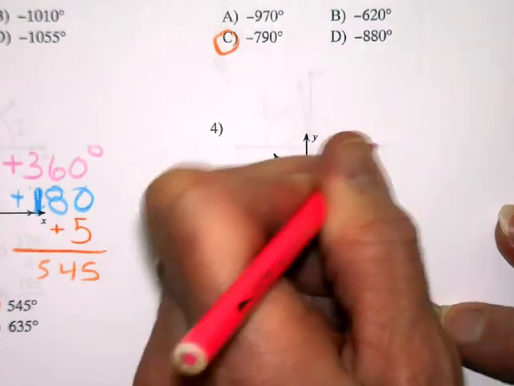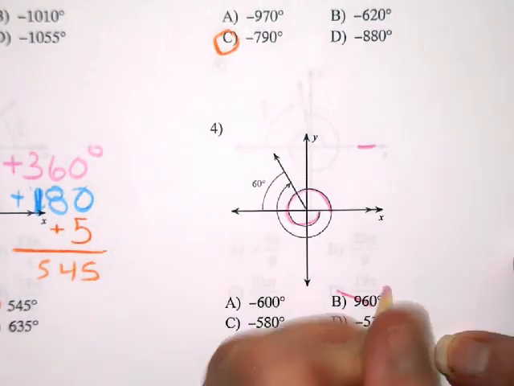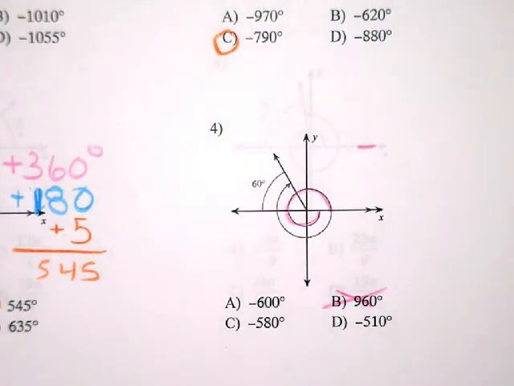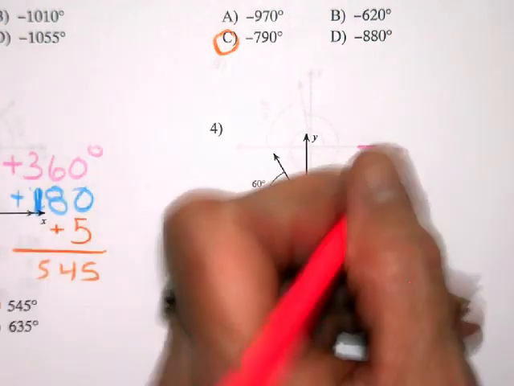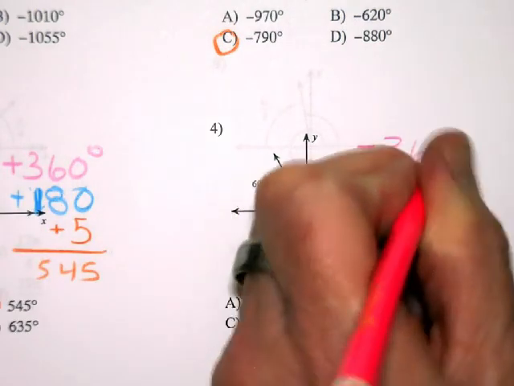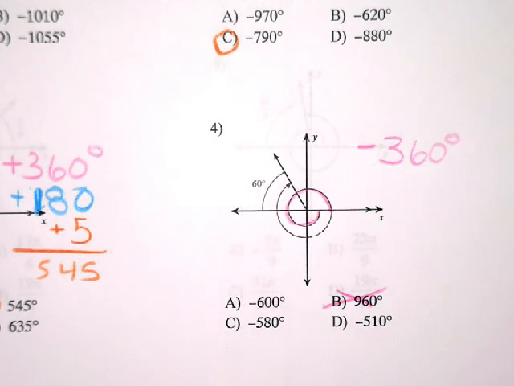Once around the block, I'm going under, so it's a negative. So that means B is out of the game. If I go under, I won't have a positive result. So, excuse me, that rotation is 360 degrees.